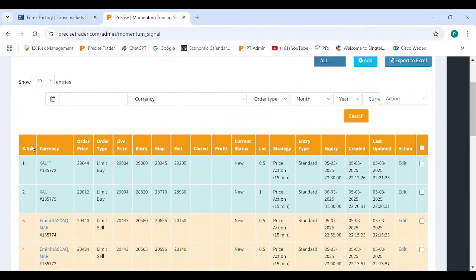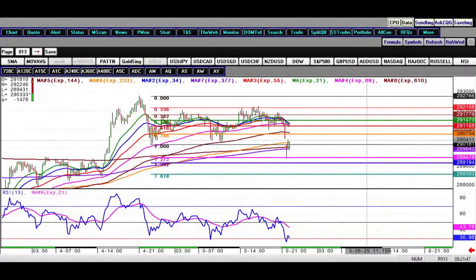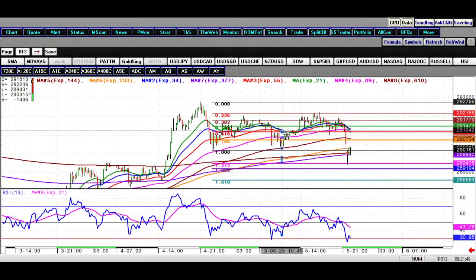So as of the Nasdaq, now the gold, I'll just repeat what we are expecting.